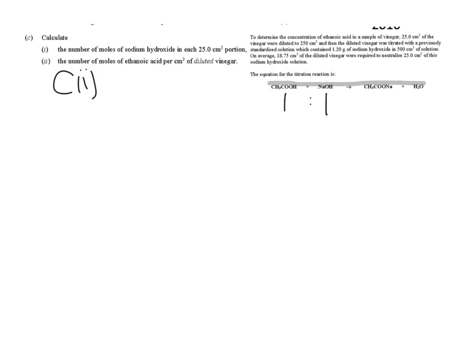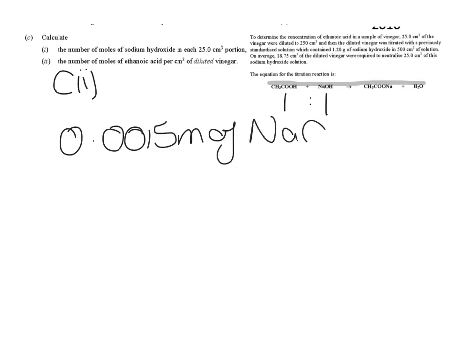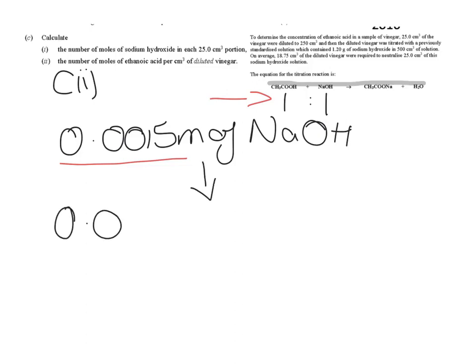From the previous question, we know that we have 0.0015 moles of NaOH. If I have 1 mole of NaOH, I will have 1 mole of ethanoic acid, and I know this from my balanced equation. So if I have 0.0015 moles of NaOH, I must have, according to my ratio, 0.0015 moles of ethanoic acid.